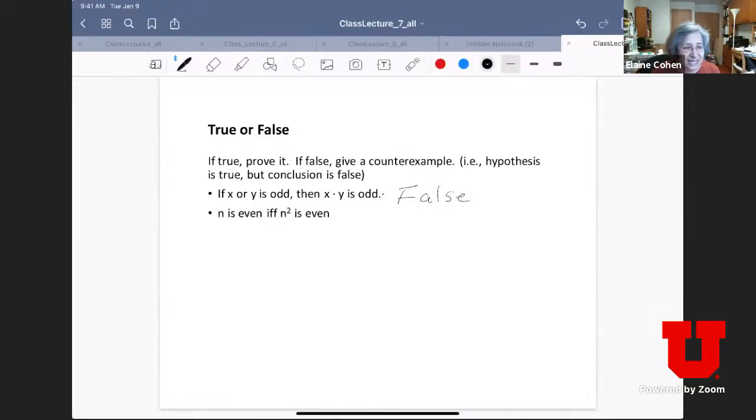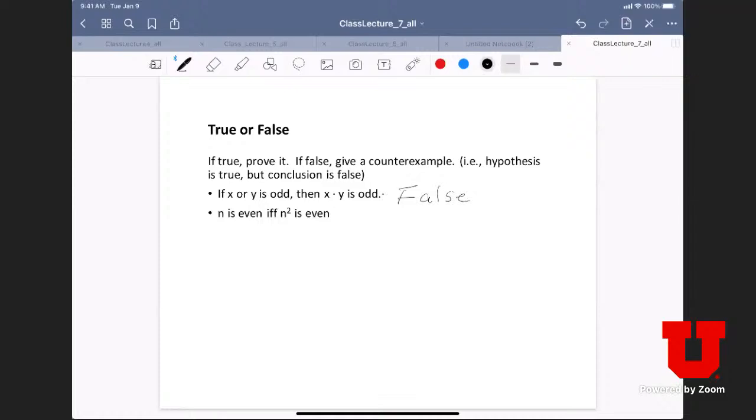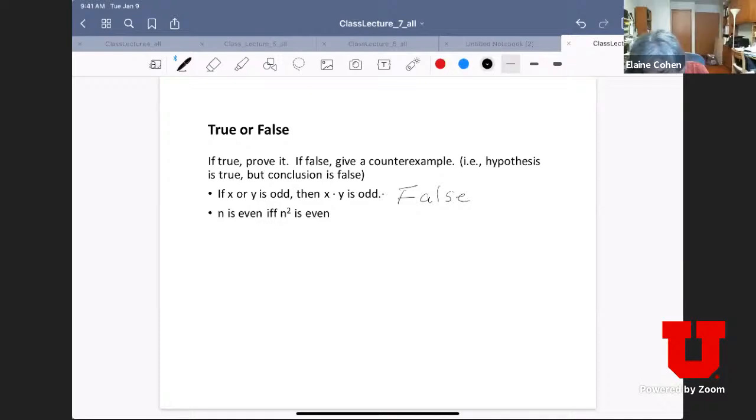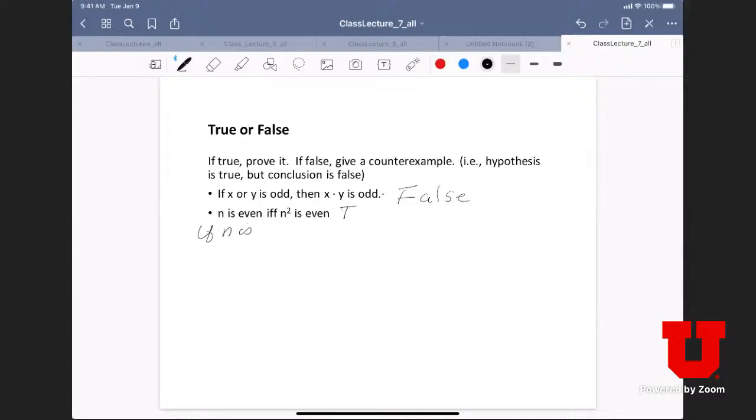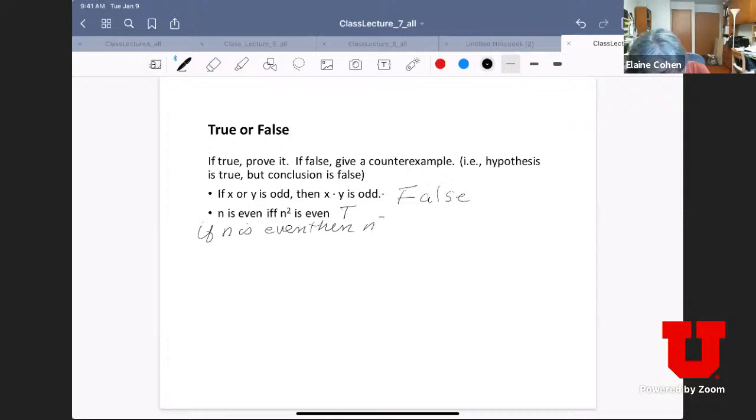N is even if and only if n squared is even. True. We have talked about this. So that is 2 ways. You would have to prove if n is even, then n squared is even. That's subproof 1.